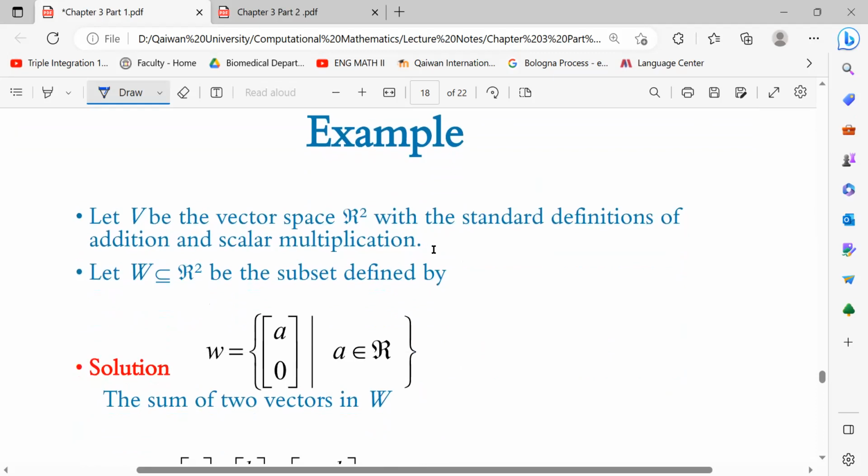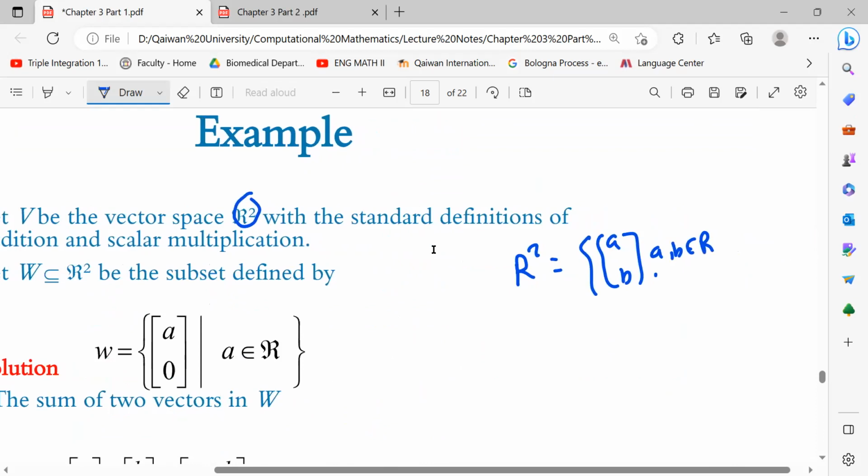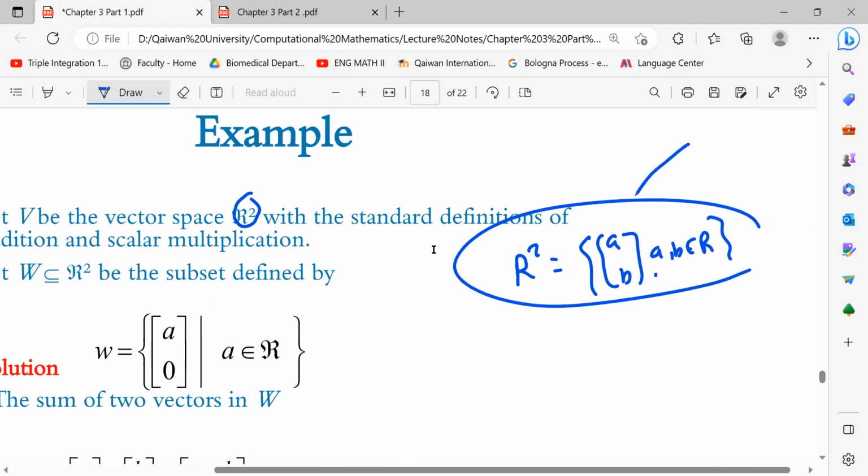Here it says V is the vector space R2. So R2 is (a, b), where a and b belong to R. This is all the points of this form, a and b. a and b are any real numbers.